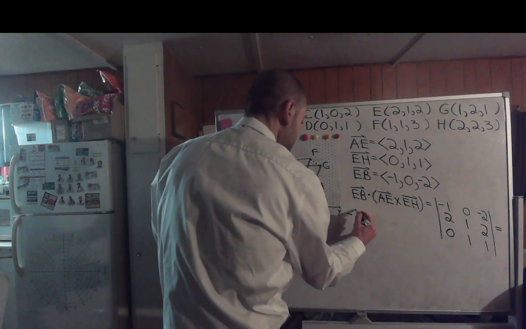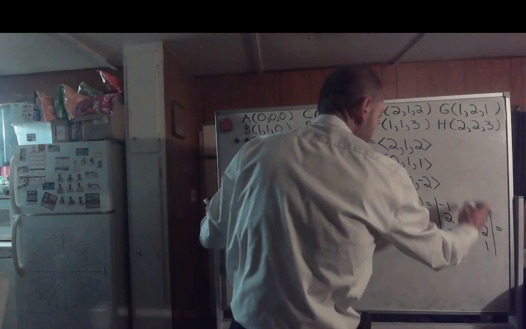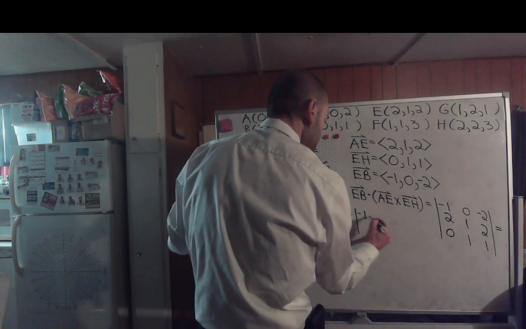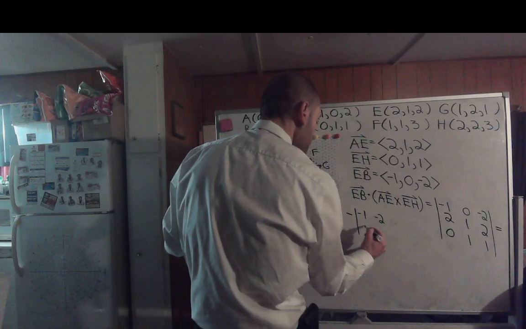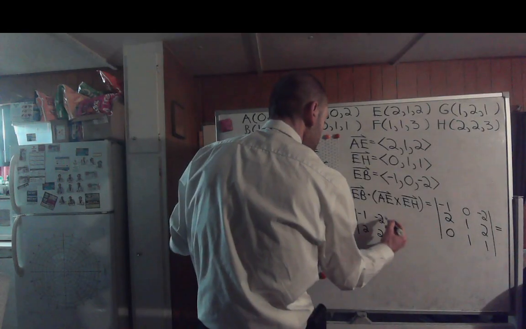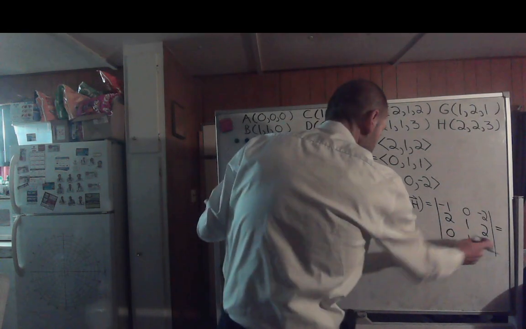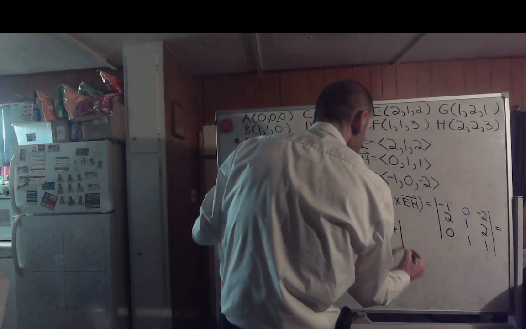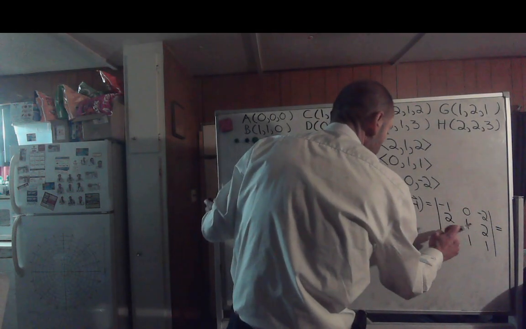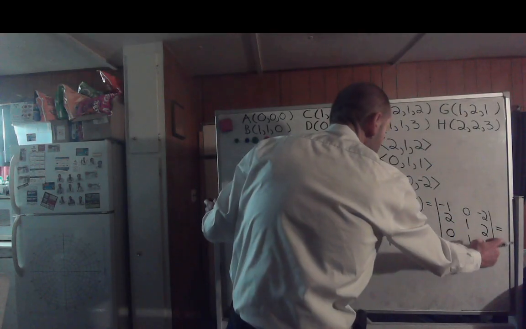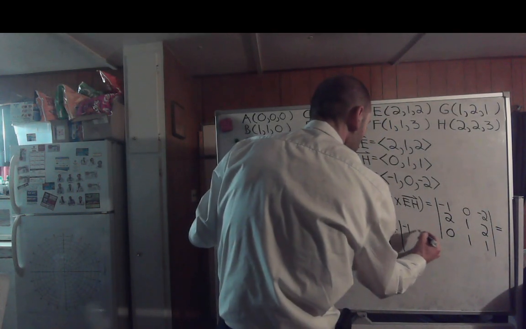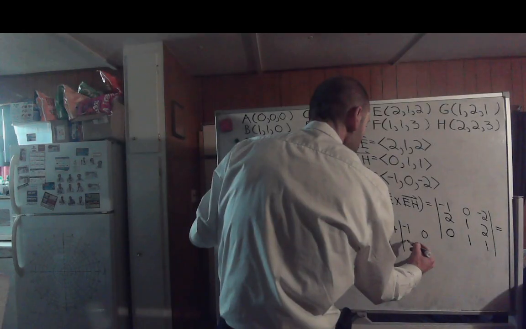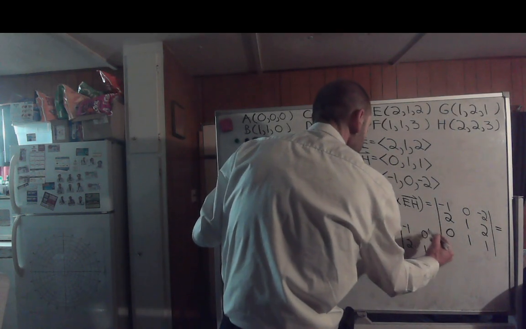So that'll be minus the resulting determinant when I strike out the third row and second column of -1, -2, 2, 2. Then plus a 1, so plus the determinant when I strike out that third row and third column, that would be -1, 0, 2, 1.